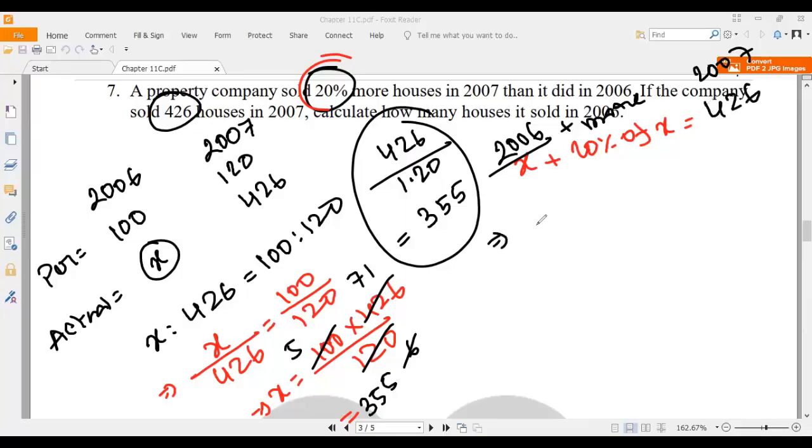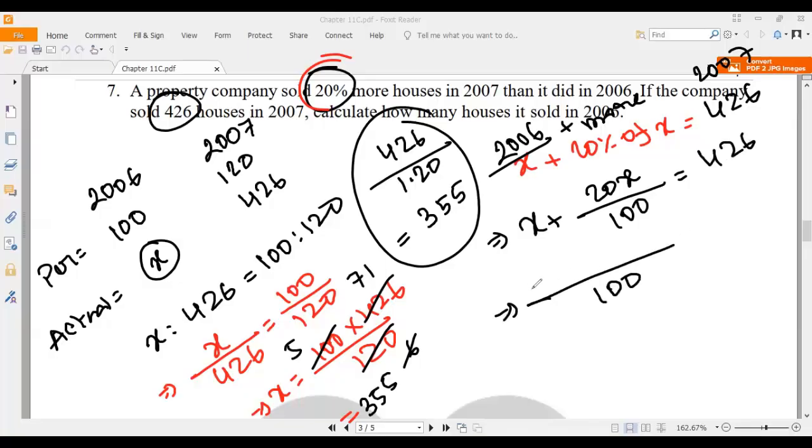Now we need to do the calculation. X plus 20% of X, which is 20X by 100, equal to 426. Now 100 will be the LCM. So 100X plus 20X equal to 426 times 100.